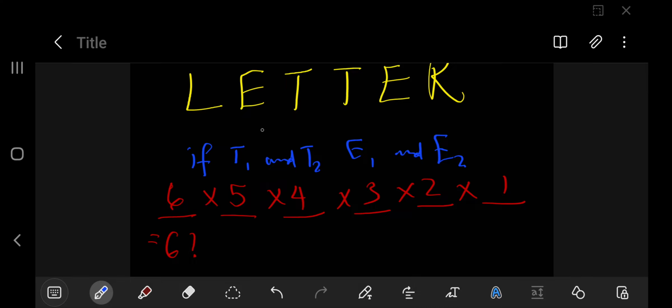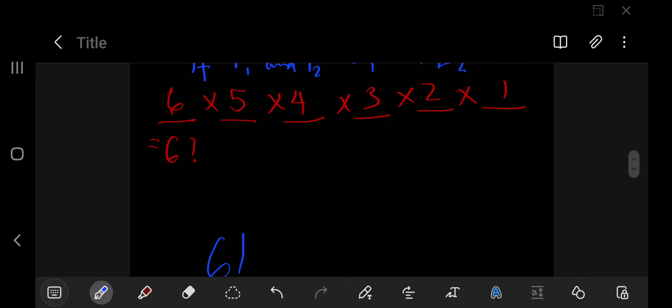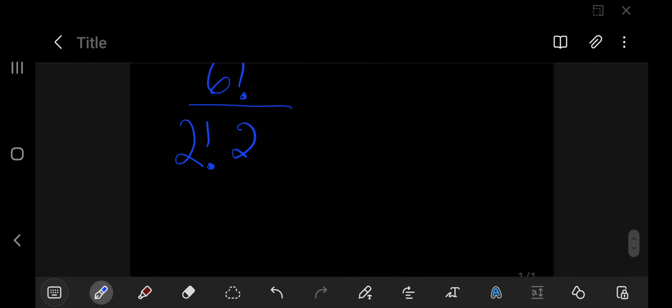You divide by the repetition. In this case, E is repeated by 2, so it means you have to divide by 2 factorial. We divide by the factorial of the repeated letter, so 2 factorial, and then we still have another one which is T, repeated by 2, then that is 2 factorial, right, if the letters are treated as the same.